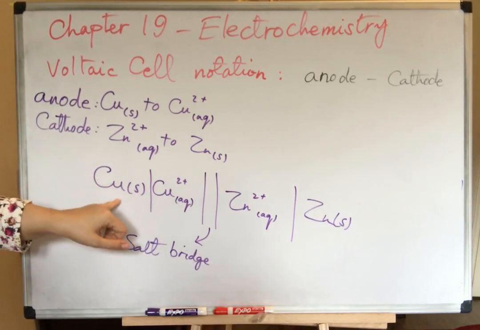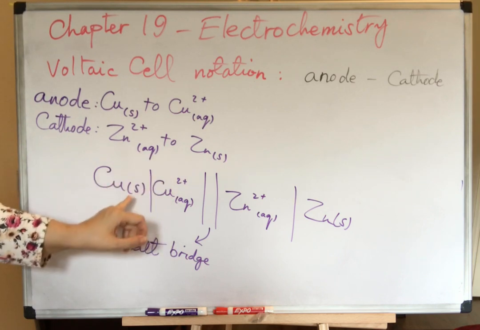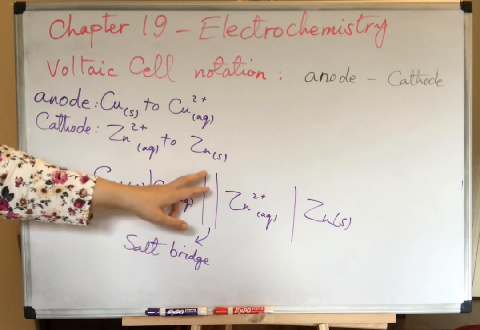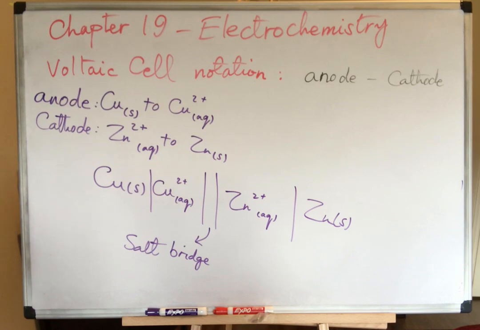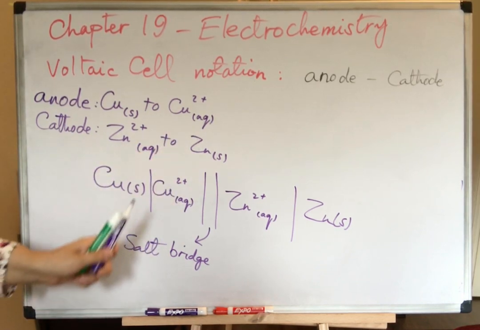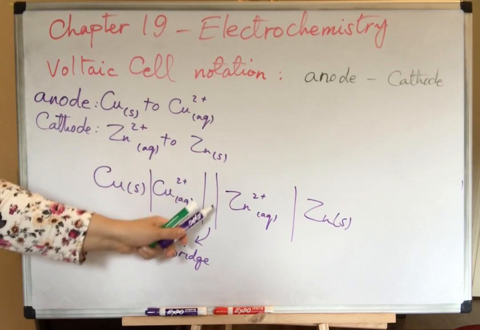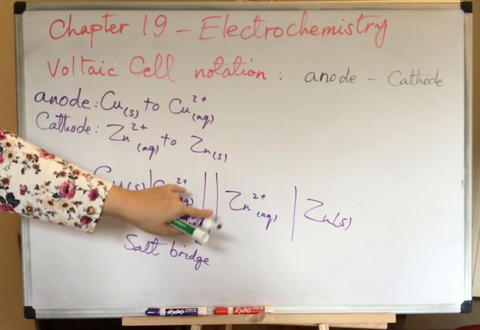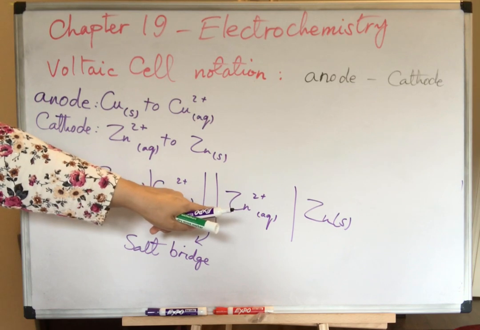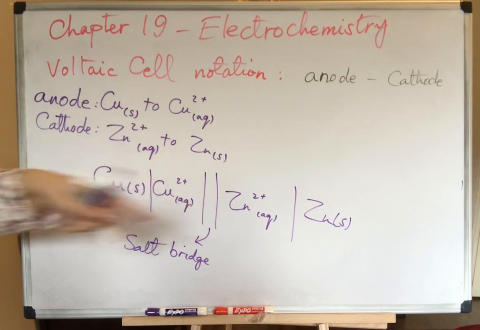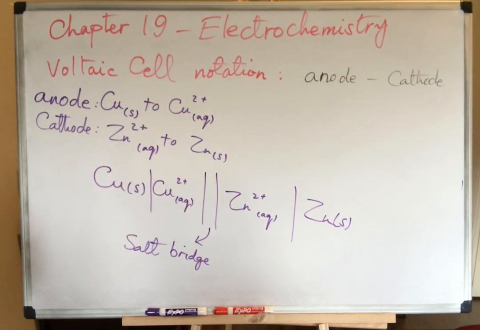So between the electrode and its solution, single vertical bar, and for the salt bridge, double vertical bar. Between the two electrodes and their electrolytes, between the two solutions, we said salt bridge separates the solutions. We have the double bar.